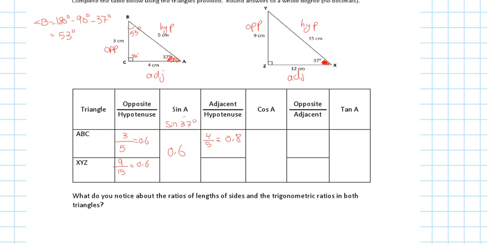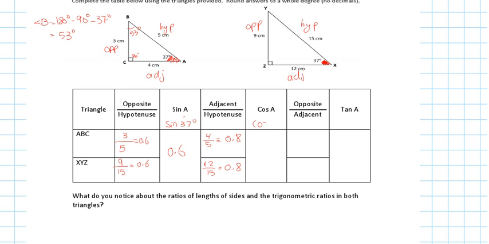Now in triangle XYZ, you're going to do the adjacent over the hypotenuse. So that's 12 over 15. What do you get? The same, 0.8. Now you're going to do cosine of 37 on your calculator.